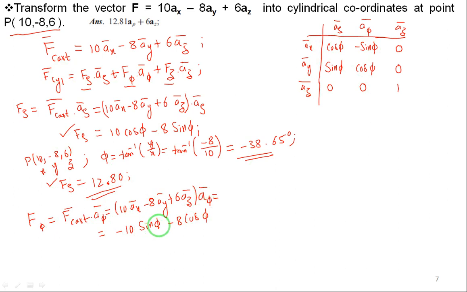At point P, once again calculate the value of phi. Already we have calculated the value of phi in the previous step, because it is the same point, right? So substitute the value of phi here and calculate f phi. Minus 10 sin of minus 38.65, minus 8 cos of minus 38.65.